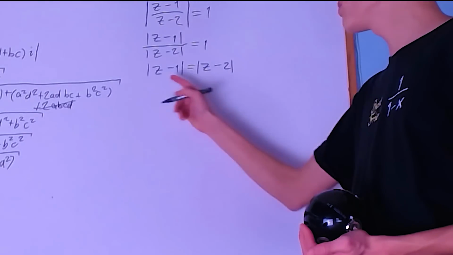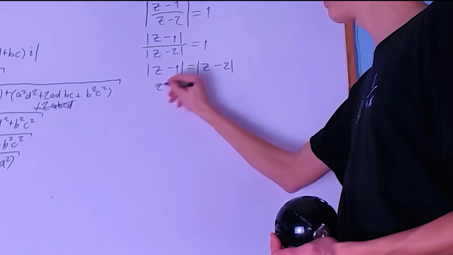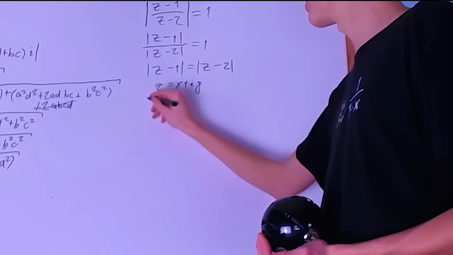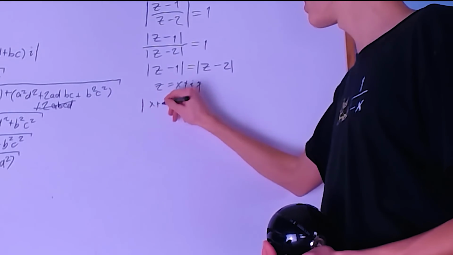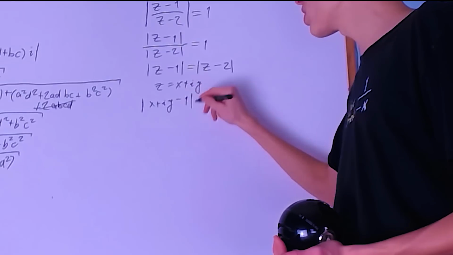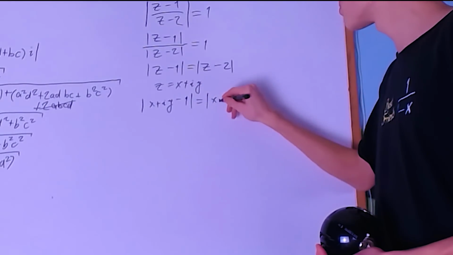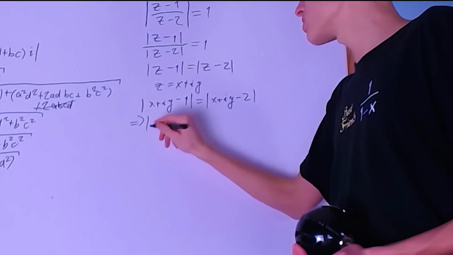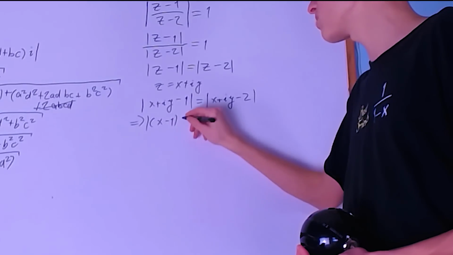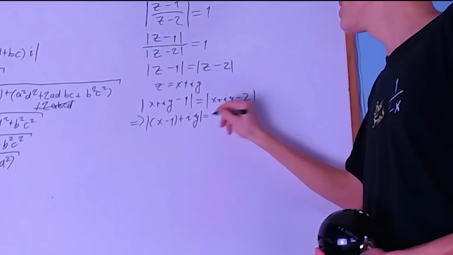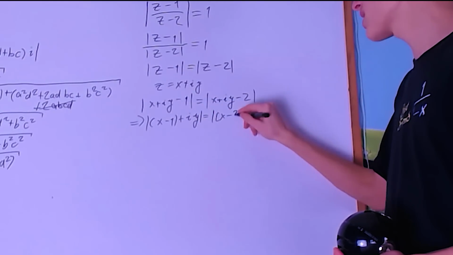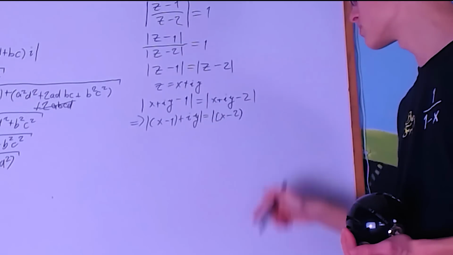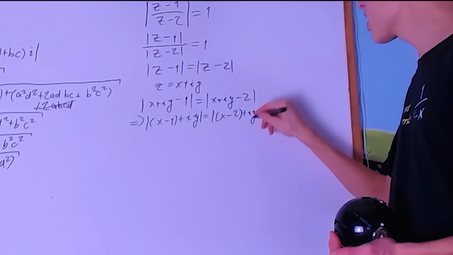Now let's go ahead and write z as x plus iy, just so we can tell what's going on here. So we have the magnitude of x plus iy minus 1 equals the magnitude of x plus iy minus 2. So this gives us the magnitude of quantity x minus 1 plus iy equals the magnitude of quantity x minus 2, just factoring in the real parts of these subtractions, plus iy.